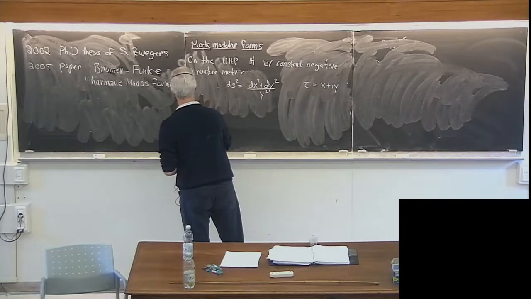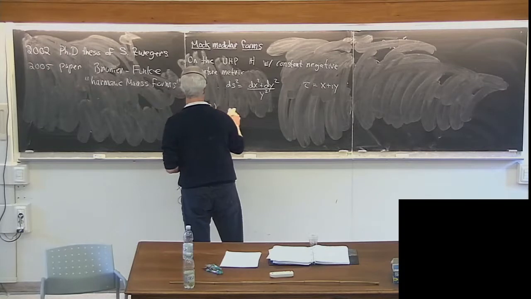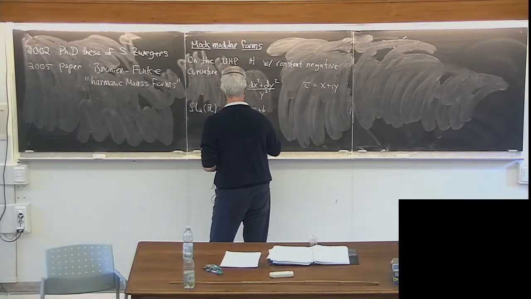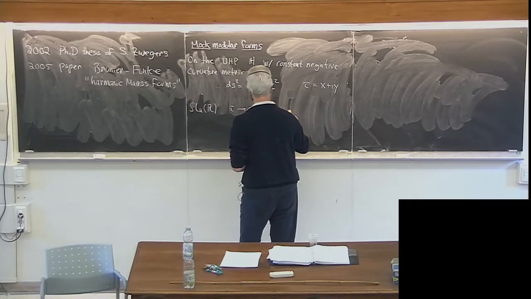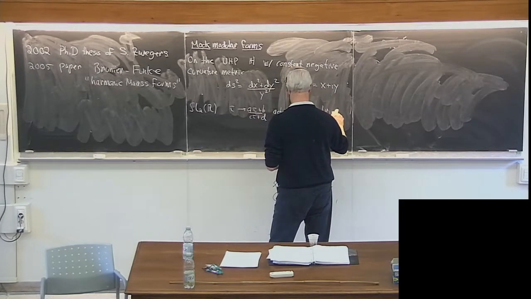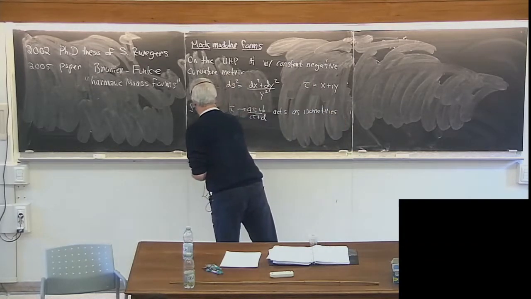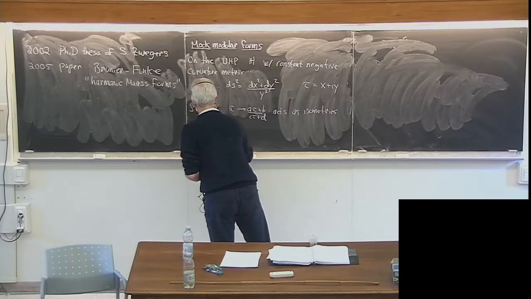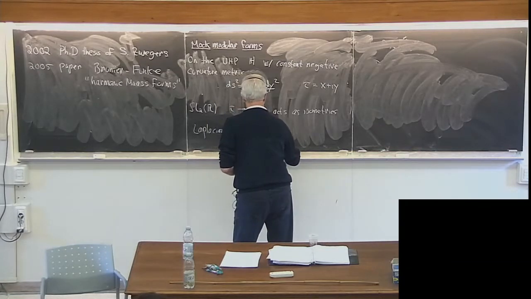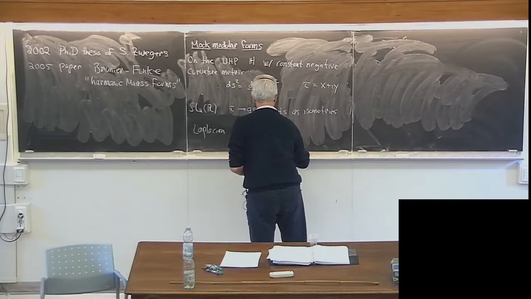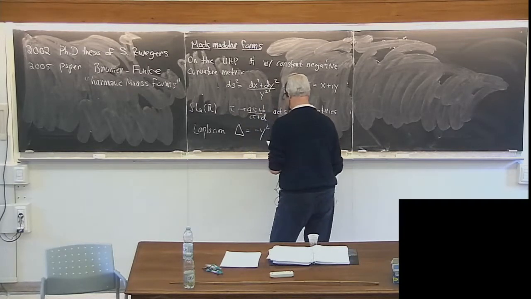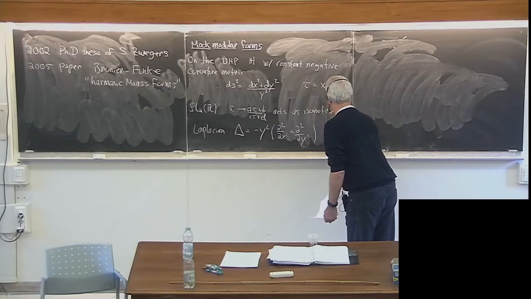And the group SL2R, acting by fractional linear transformations, acts as isometries. And there's a Laplacian, which is SL2R invariant.